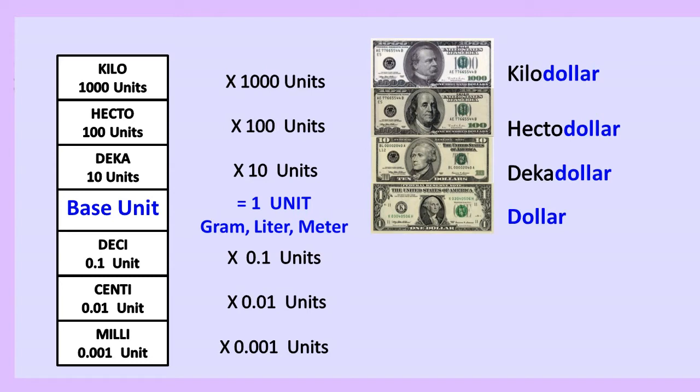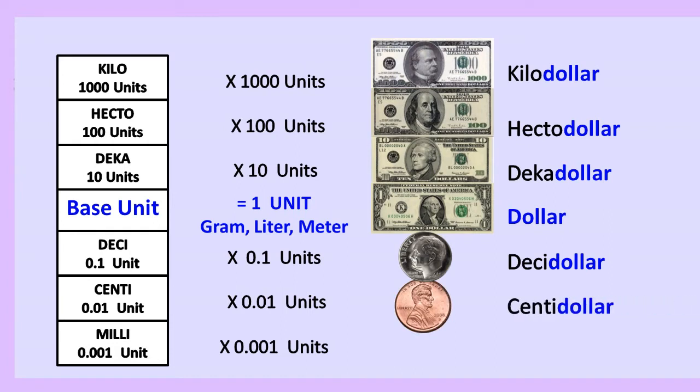For fractions of a dollar, we wouldn't have a dime, but a decidollar. The prefixes deca and deci are often confused, but one way to remember is a dime, which is 1/10 of a dollar, and the prefix deci both have the letter I in the names. A penny would be called a centidollar.